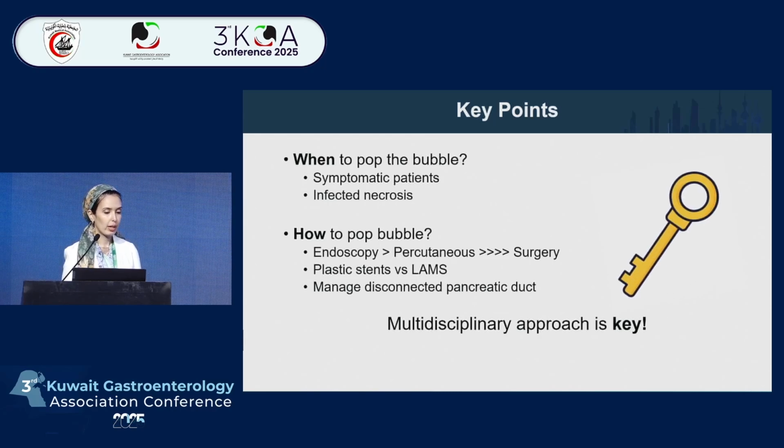Plastic stents or LAMS, and more and more we're using LAMS. I haven't seen plastic stent used in quite a while now, but there are multiple sizes and shapes of LAMS available currently. And of course, you have to manage the presence of disconnected pancreatic duct if present. So a multidisciplinary approach is key.